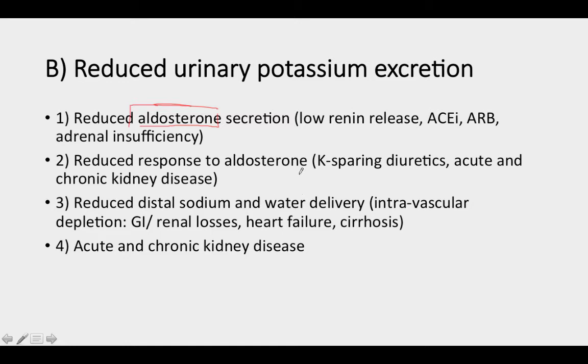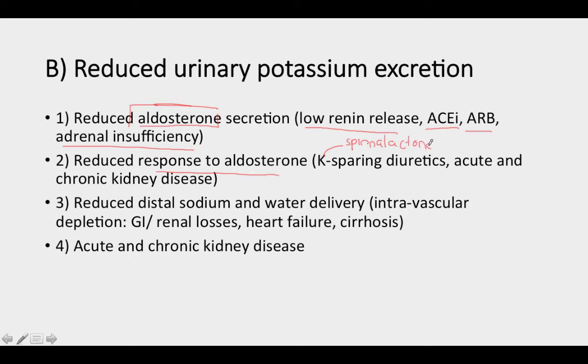Now, low aldosterone secretion can be because of low renin release. More commonly, what we see is patients on ACE inhibitors, angiotensin receptor blockers that stop the production of aldosterone, or adrenal insufficiency. You can also have reduced response to aldosterone, and there are quite a few pharmacological agents that actually do this on purpose. So the potassium-sparing diuretics like spironolactone actually work like this.